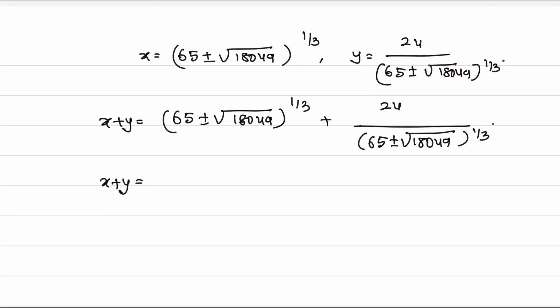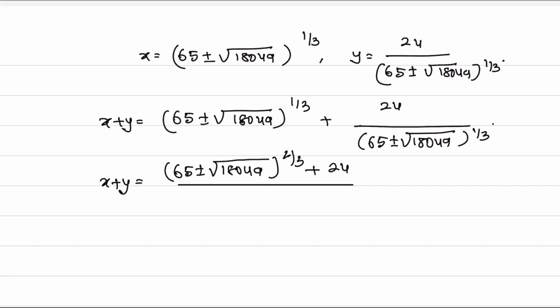By simplification, we will get the answer 65 plus or minus square root of 18049 to the power of 2 by 3 plus 24 whole divided by 65 plus or minus square root of 18049 to the power of 1 by 3.